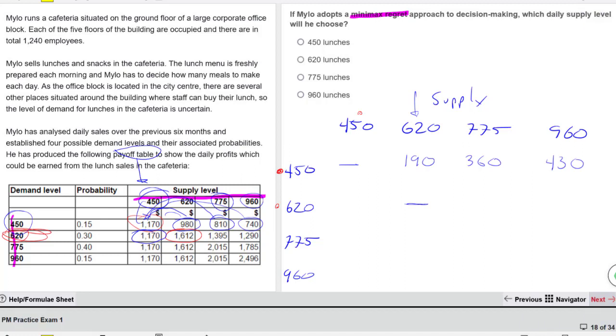Opportunity cost, the cost of choosing the wrong course of action, would be a 442. Guys, that's how the regret table works, comparing the profit of the wrong decision versus the profit of the best decision, the difference, the opportunity cost. Okay, so I'll plug in the rest of the figures.